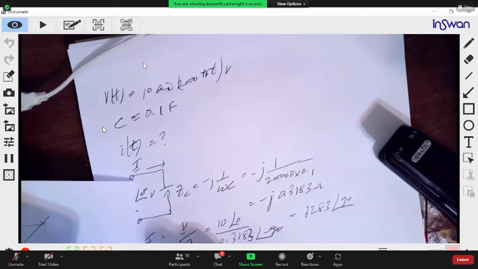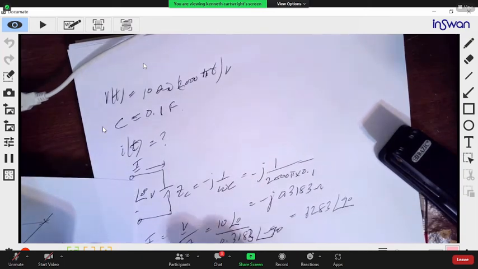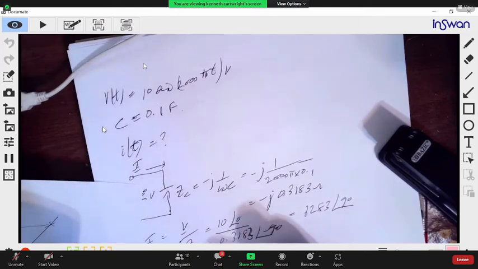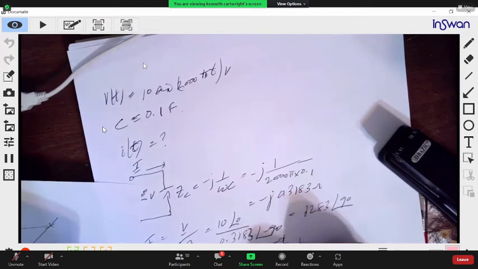And therefore I of t equals 6283 sine of 2000 pi t plus 90 degrees.